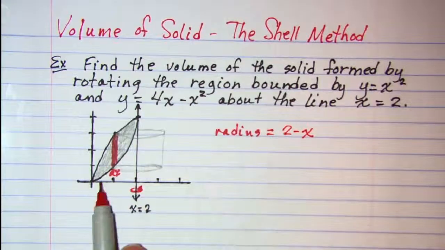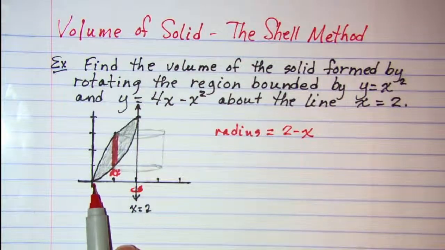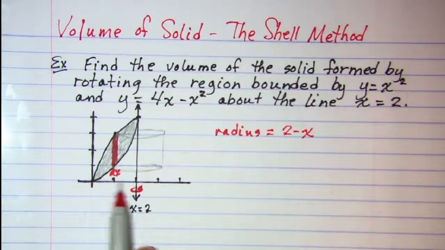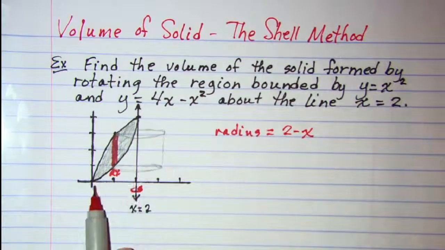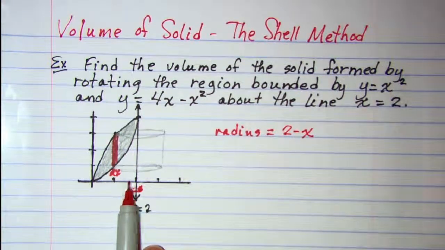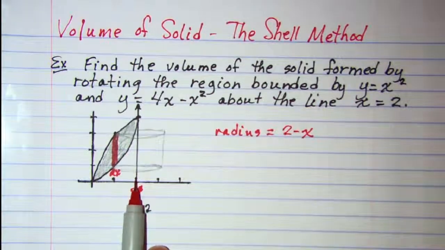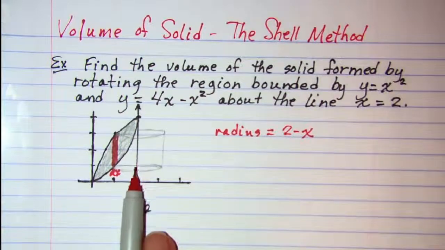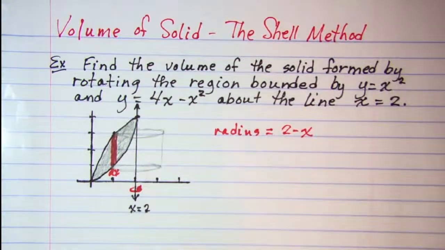So then when my x is 0, at this point my radius is 2, which makes sense because it's the big radius. And then as I move in closer and closer, when my x is 2, my radius is 0. So that's when it's right up here at the axis of revolution.